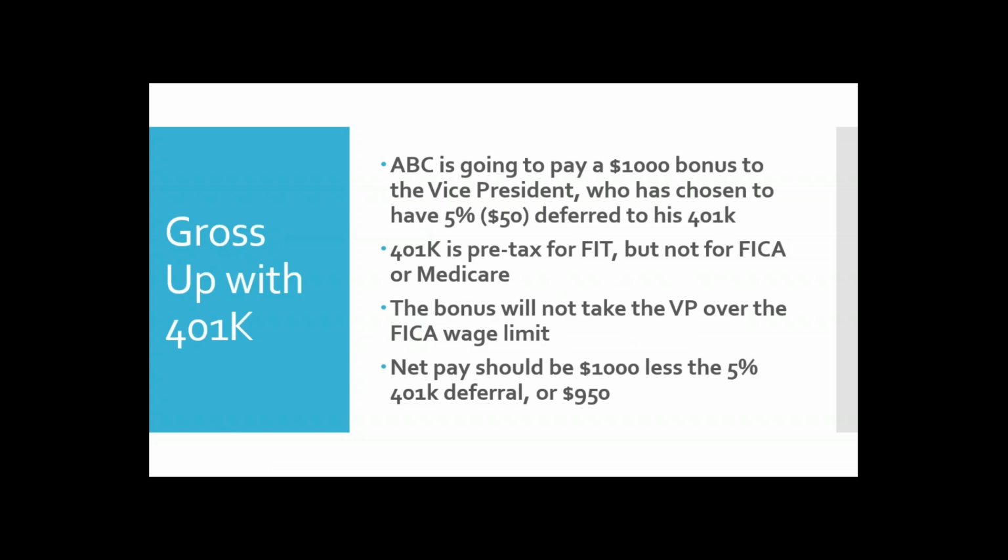Another twist to the gross up calculation happens when employees elect to have 401k withheld from bonus or other gross up amounts because, of course, 401k is pre-tax for federal income tax, but not pre-tax for FICA or Medicare. In this example, ABC is paying a $1,000 bonus to an employee who has elected to defer 5% to 401k.